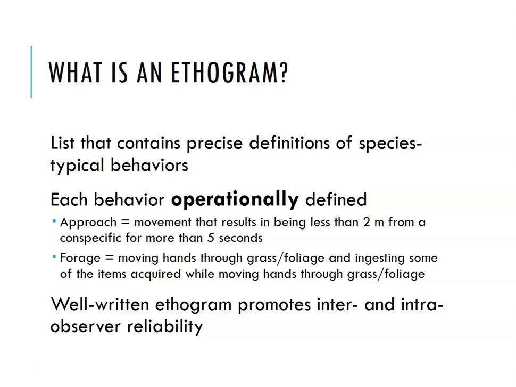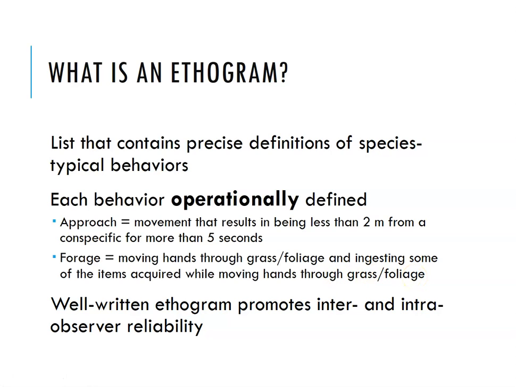Another example we have here, foraging. We know foraging, you're like, yeah, I know what foraging is. You're eating food. Well, kind of. Foraging is really searching for food, and different animals are going to do that differently. So maybe you're looking at some primates. You would define foraging as moving hands through the grass or foliage and ingesting some of the items acquired while moving hands through the grass and foliage.